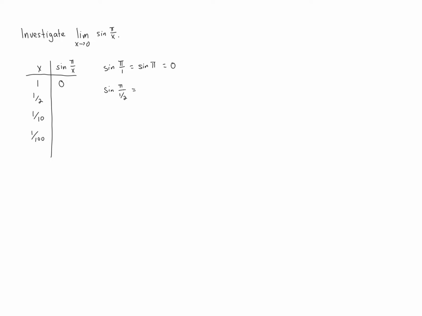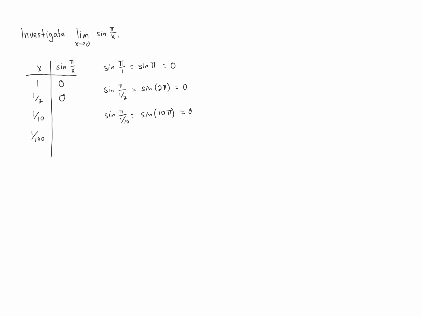And we know that dividing by 1/2 is the same as multiplying by 2. So this is sine of 2 pi. And that also happens to be 0. Interesting. If we do 1/10, this is going to be sine of pi over 1/10, which is the same as sine of 10 pi. And that's also 0.